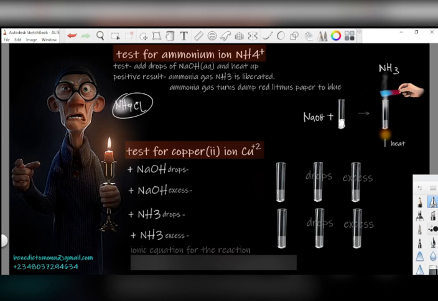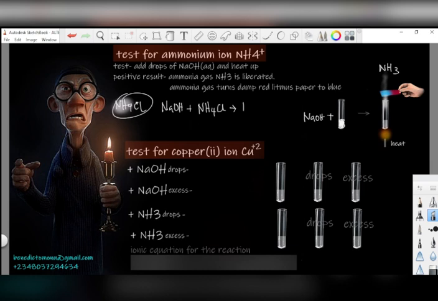And the simple reason for that reaction is because sodium hydroxide is a strong base. Like every strong base, it removes or displaces weak bases, which is ammonia, from their compound.